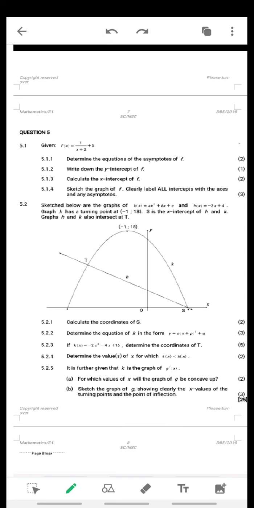Okay, now graph k, which is a parabola, has turning point (-1; 8). Very important, because I can find what we call the axis of symmetry if I have the turning point coordinates.